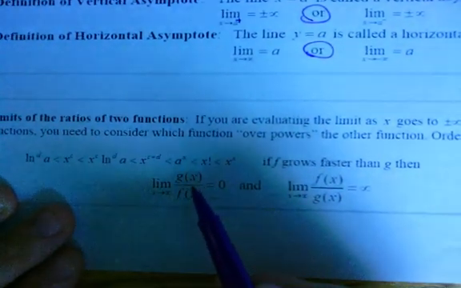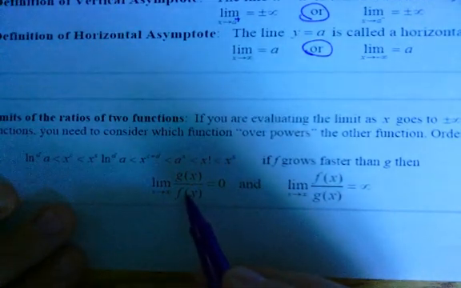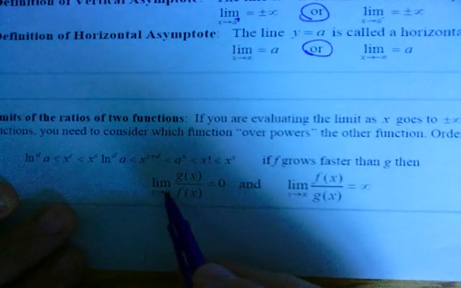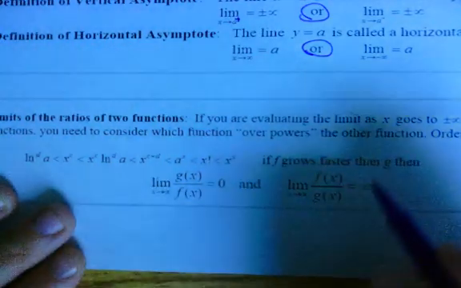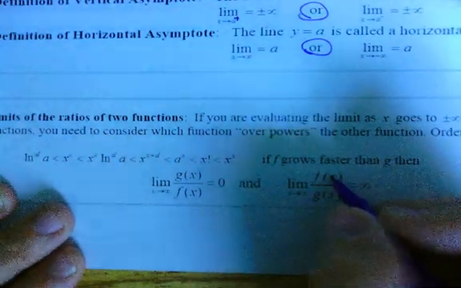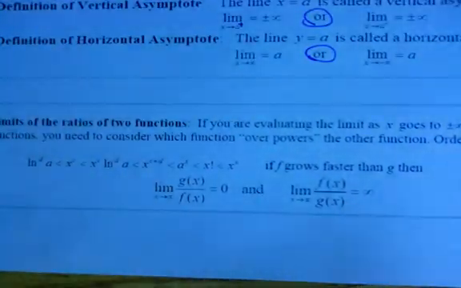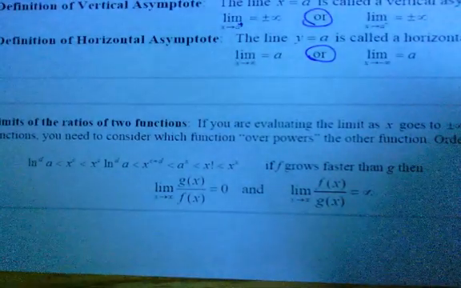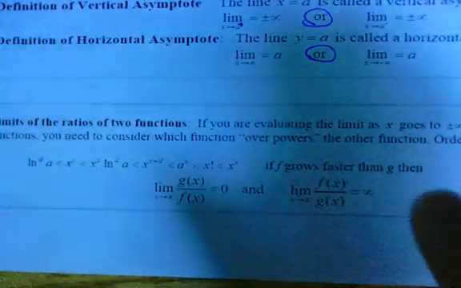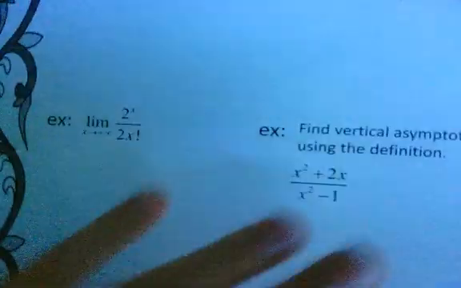If something is growing faster on the bottom of a limit going to infinity, you get 0. But if something is growing faster on the top, you get infinity. Those are things that all need to get memorized. Now let's go through and apply these.